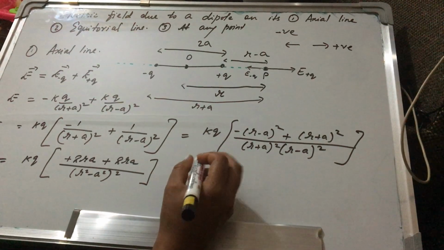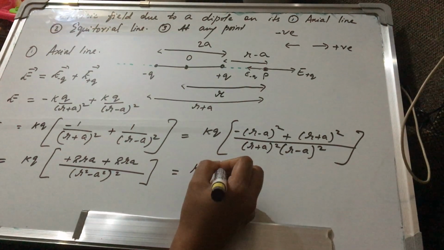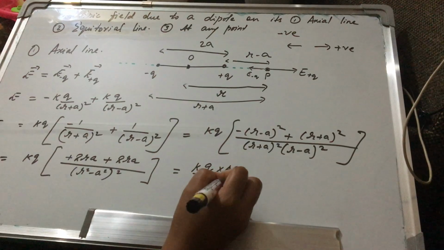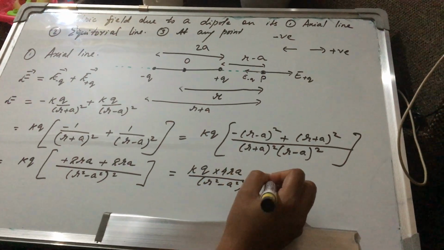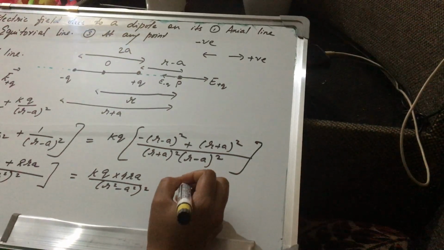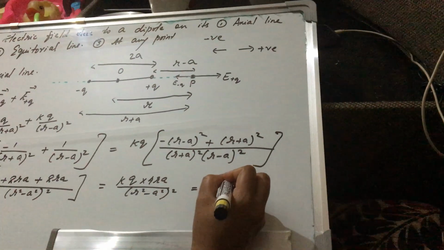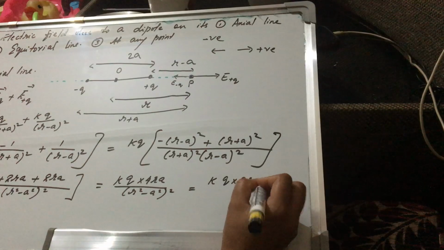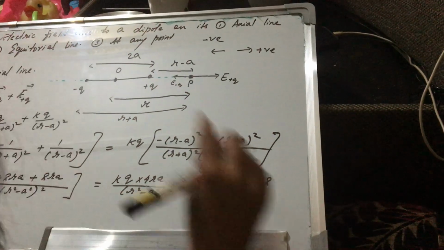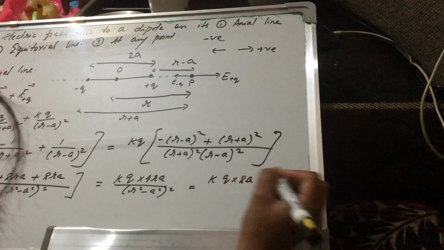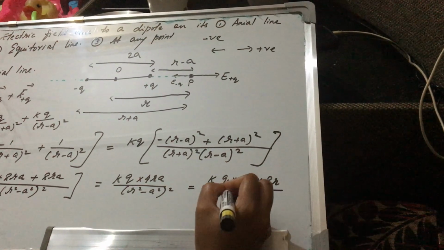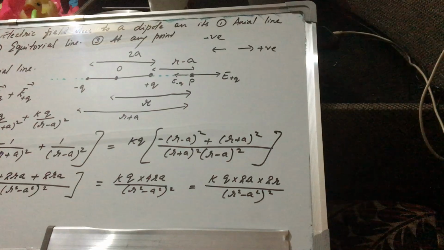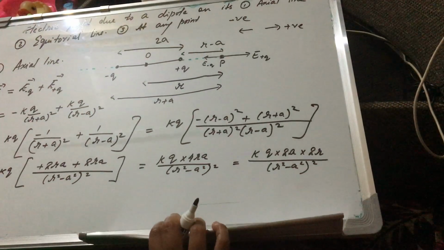Then this is equal to KQ into 4RA by (R square minus a square) whole square. Now let me set it a bit: KQ into 2R into 2A into R by R square minus a square. Can I write the same thing this way? Right or not? Right? Okay.